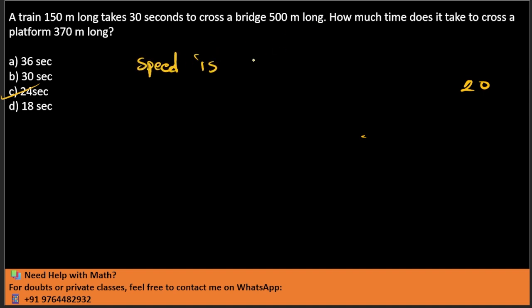So here speed is same in both cases, so we are going to use t1 upon t2 is equal to d1 upon d2.